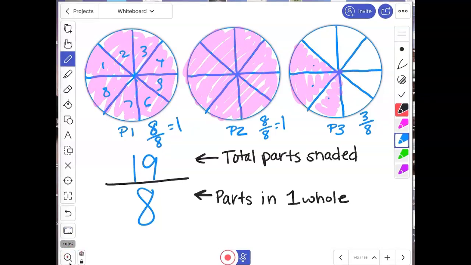We didn't eat 6/8. That's this part. Looks funny because it looks like it's upside down. The reason it looks like it's upside down is because 19/8 is greater than 1. Fractions are improper when they are greater than 1.